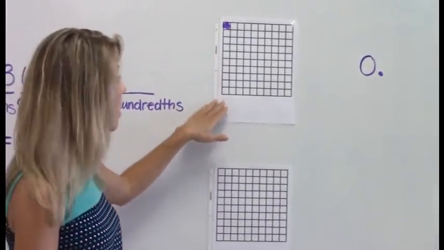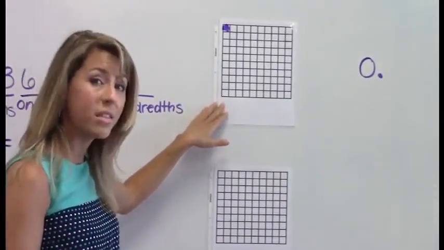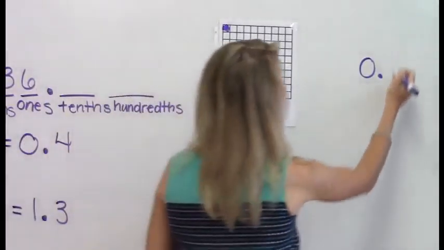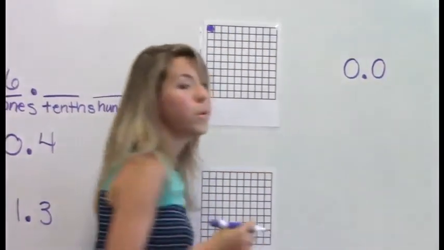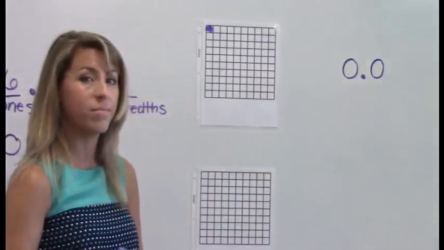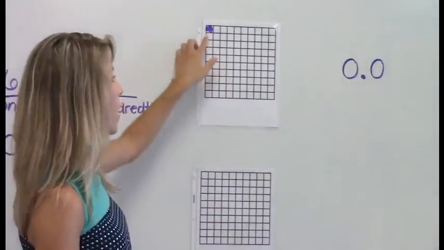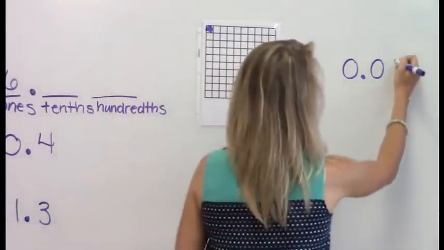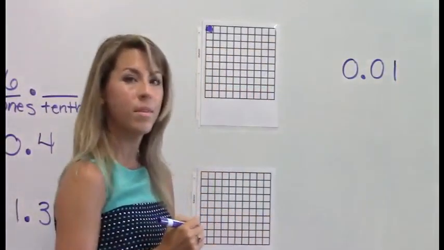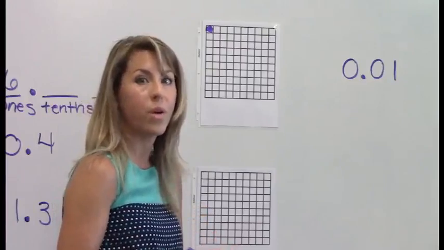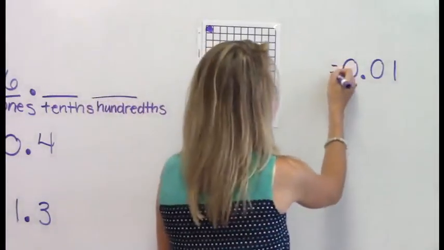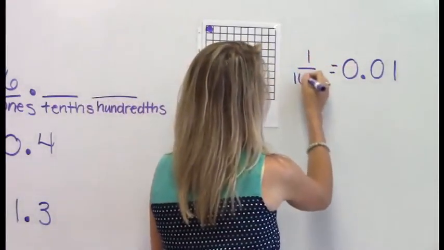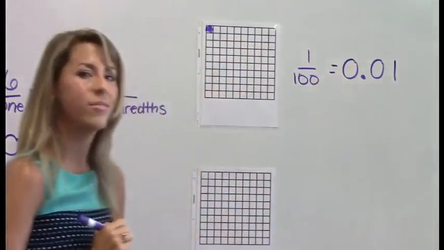But looking at our grid, we also have 0 tenths shaded in. So a 0 is recorded in our tenths place. Since we only have 1/100th shaded, we're going to record a 1 in our hundredths place. We read this number as 1/100th, exactly as we would read the fractional representation.